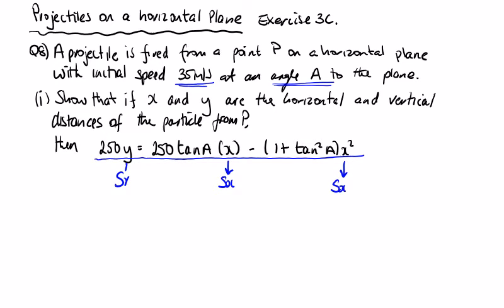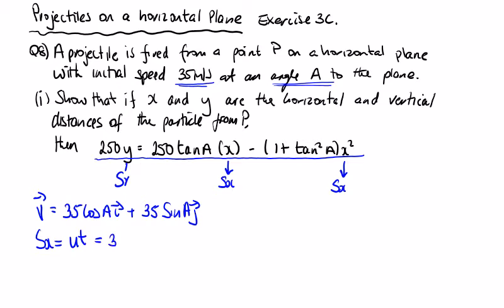So this is hard to see exactly where it's going at the beginning, but if we write our initial vector, it's equal to 35 cos alpha in the i direction plus 35 sine alpha in the j direction, and we set up our s, v and u of x. Displacement in x is ut, which is equal to 35 cos alpha times t.